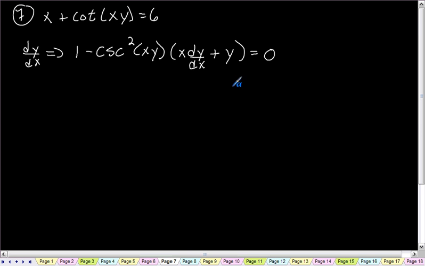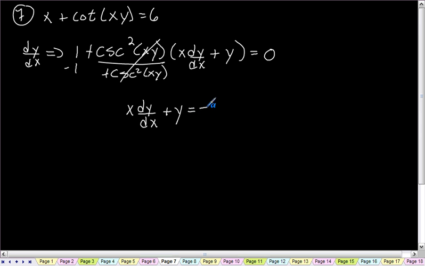Let's see. I want to get rid of the 1, so I just subtract the 1. On this side, it goes to the other side. The way to get rid of the cosecant squared here is to divide by it. I'm going to divide by negative cosecant squared xy on this side. So that cancels out. We're left with x dy/dx plus y. You can remember the minus 1 we put on that side.